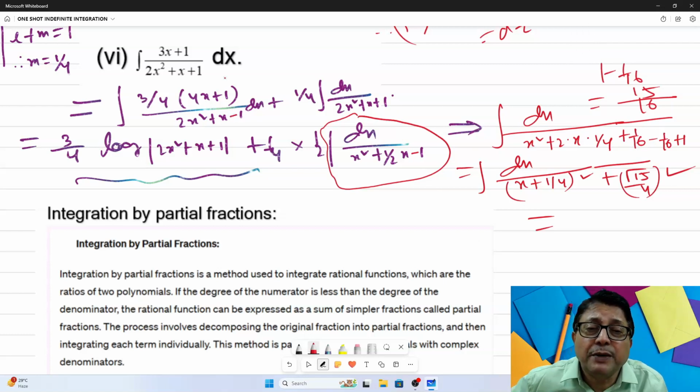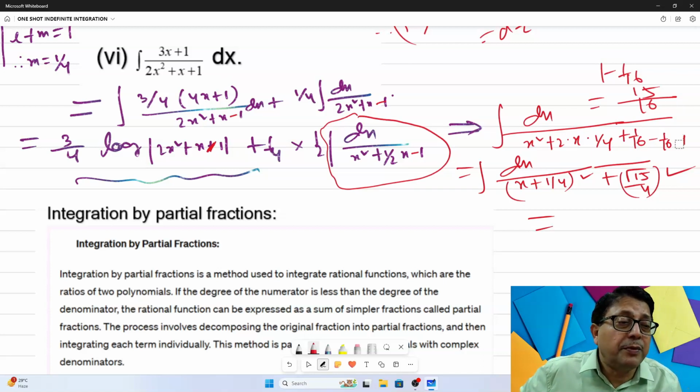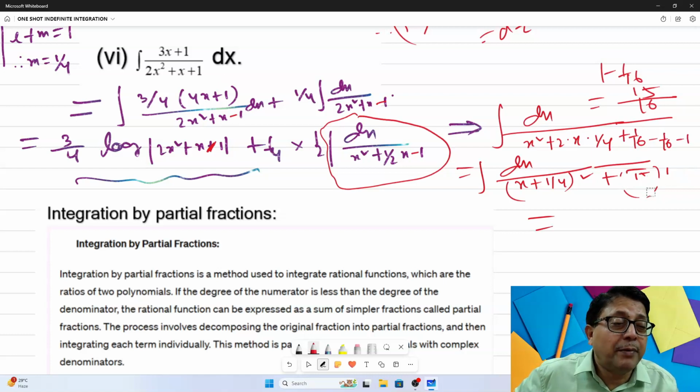With plus 1 you will never be asked, please change it into minus 1. This part is also minus 1. Okay, so then for minus 1 this will be minus 1. So minus 17 by 16. So answer will be minus.